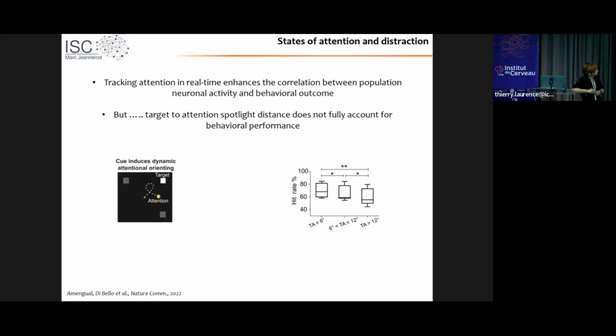But, and this is going to be the rest of my talk, the question is: are perception and the response of the subjects to the presentation of stimuli fully accounted for by attention orientation? As you might guess, my answer is going to be no, that's not the case. And let's start from here.